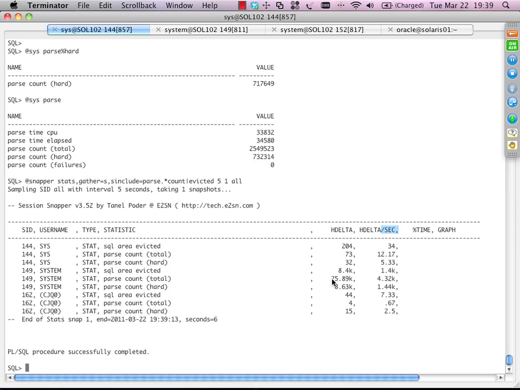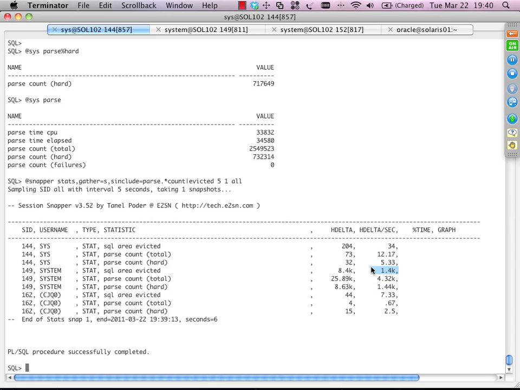So I see that during that 6 seconds, somebody did that many total parses. I mean, this session here did that many total parses, which is the soft parses. But 8,000 out of these also caused hard parses. And if I divide it by second, I see we did almost 1,500 hard parses per second.